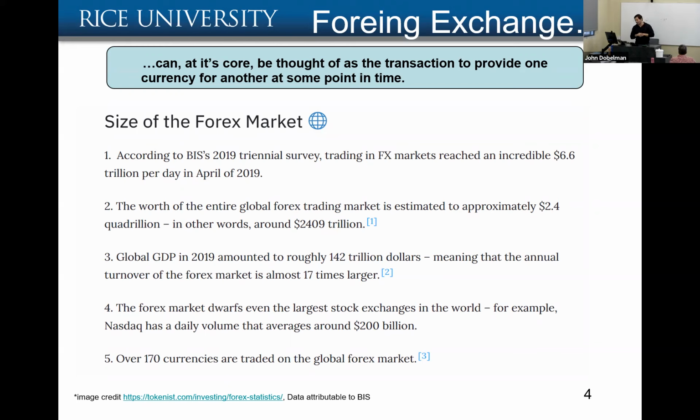So I just grabbed a screenshot from the website to give a sense. If you think about per day, and this was in 2019, so obviously volumes, I think, have exploded through COVID and the economic recovery across the board in equities, credit, commodities, as well as FX. But going back to 2019, you saw just over $6.5 trillion traded on a daily basis.